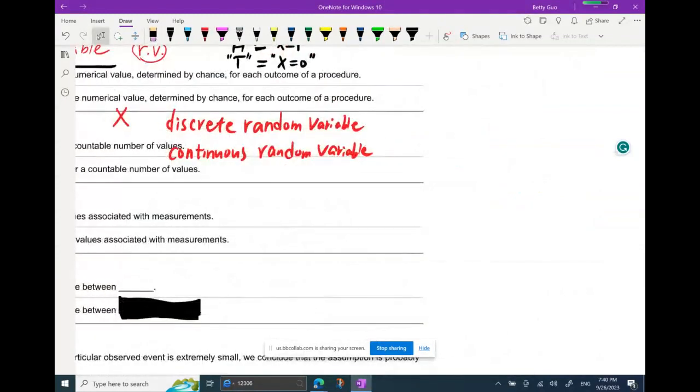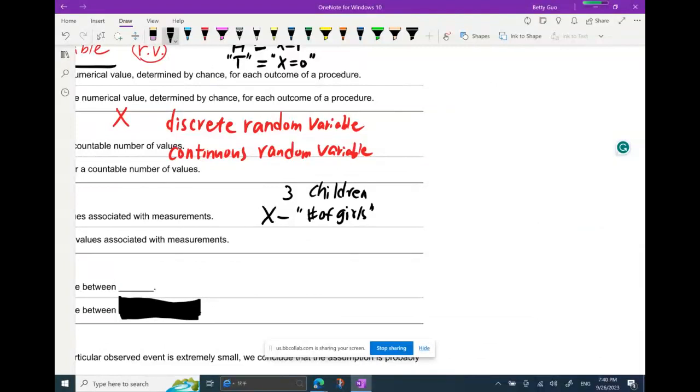Let's say you survey households with 3 children, and you let x be the number of girls in the 3 children.